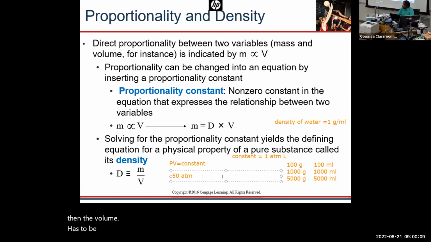For it to equal what? Has to be 50? Right? So 50 times 50 equals 1?